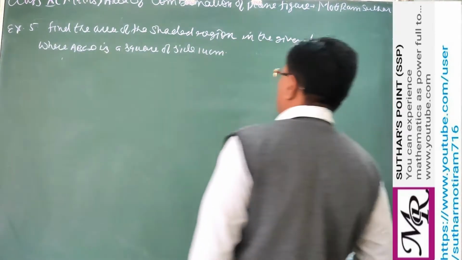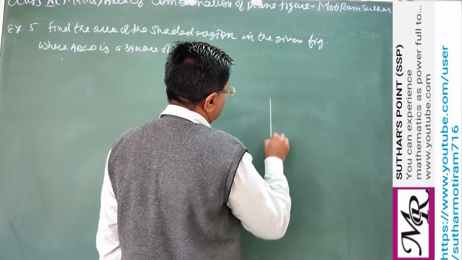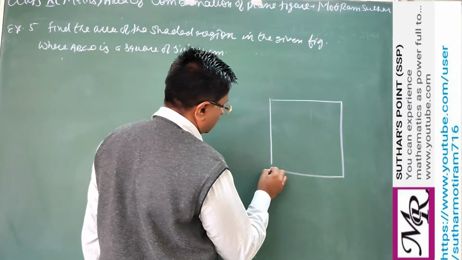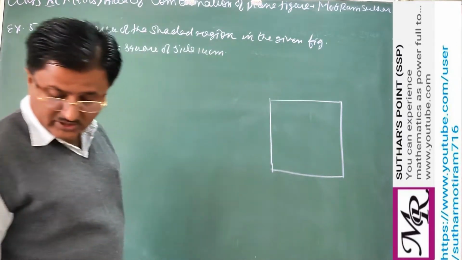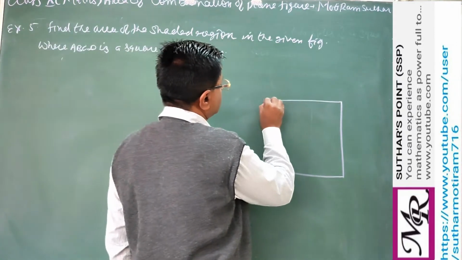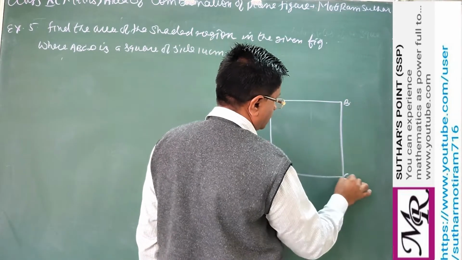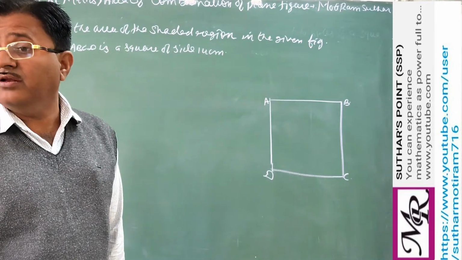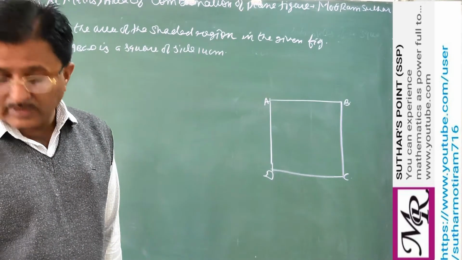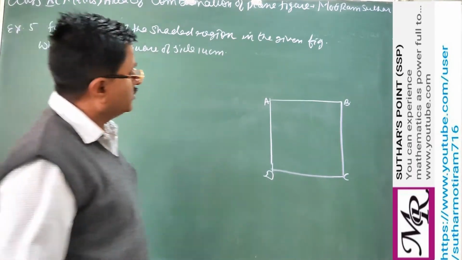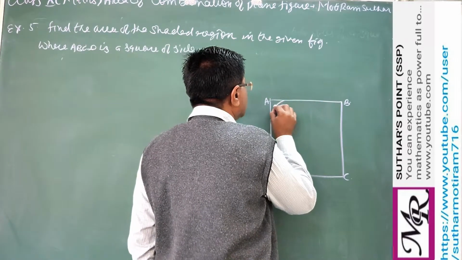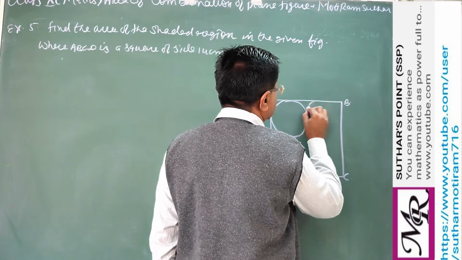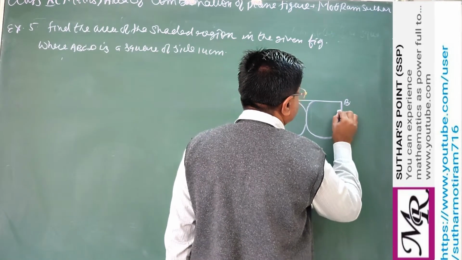So here, student, we have been given a square. ABCD is a square, and its side is given. Now we are also given 4 smaller circles inside the square, touching each other like this.